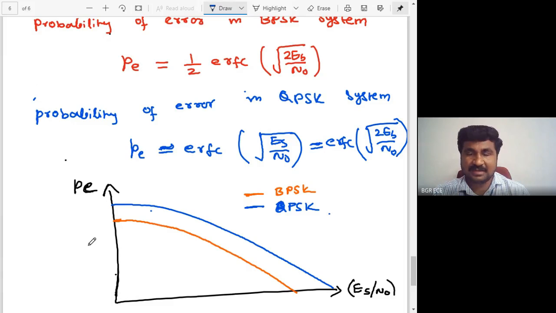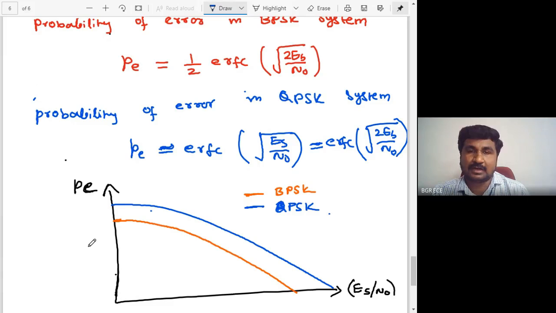Hence, the performance of the QPSK system by means of probability of error is worse when compared to the BPSK system.